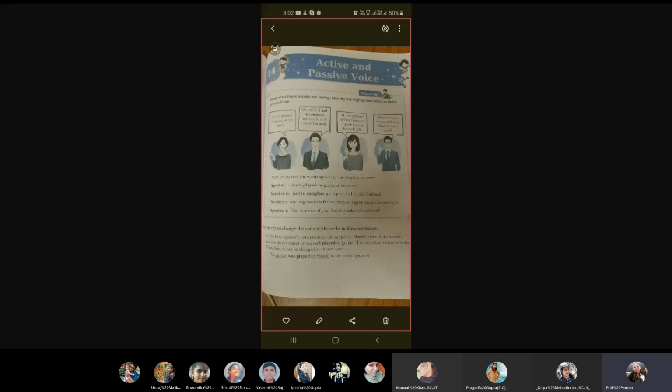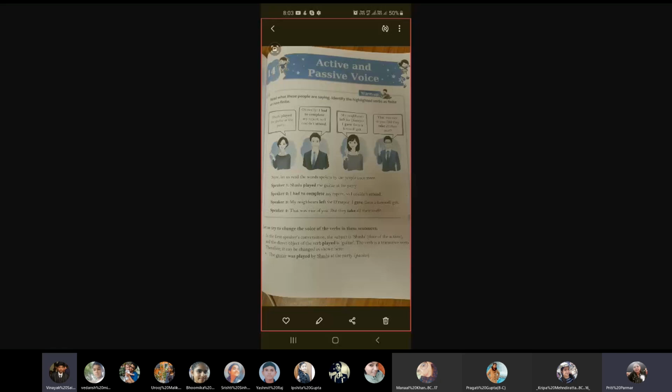So, active voice has subject, verb, and object, whereas in a passive voice, just the opposite. The object acts as a subject, the verb remains in the center, and the subject turns out to be at the object's place.